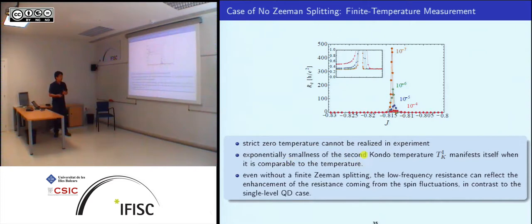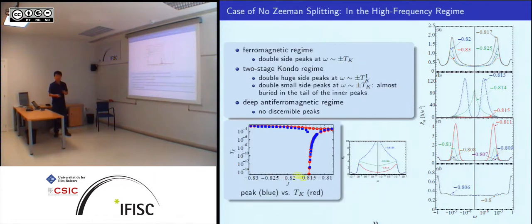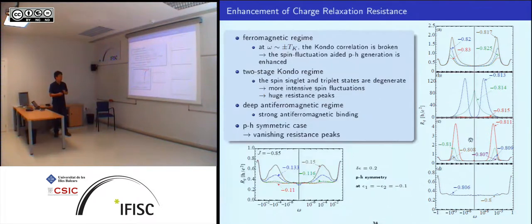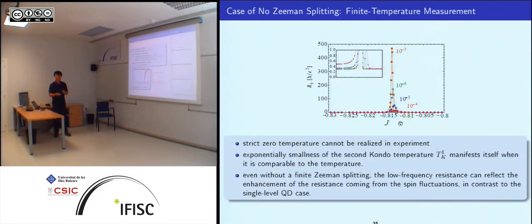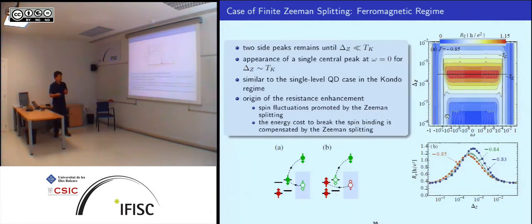Then in some cases, the temperature can be larger than the second Kondo temperature, which can be exponentially small. So at some finite temperature, when the temperature is equal to the second Kondo temperature, we can see this enhancement of resistance. So even without Zeeman splitting, we will measure the resistance enhancement by varying the spin exchange coupling like this.